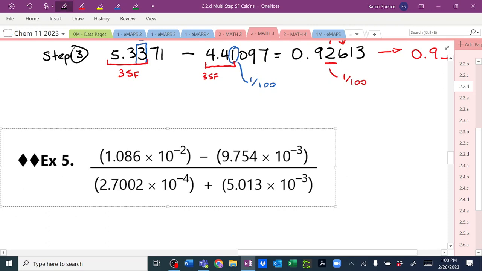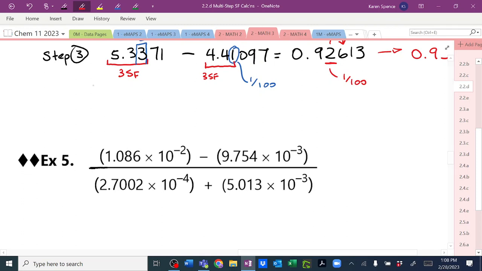When you have this line here, that division line, what it does is it makes it as though everything on the top were in brackets and everything on the bottom was in brackets. So having this line here means you've put brackets around the whole thing.